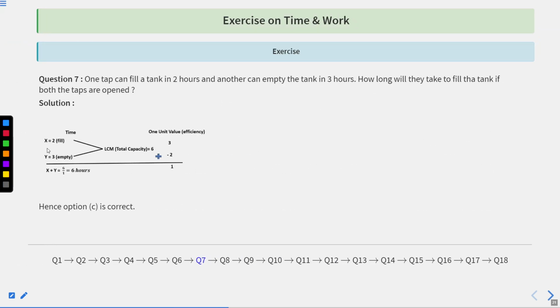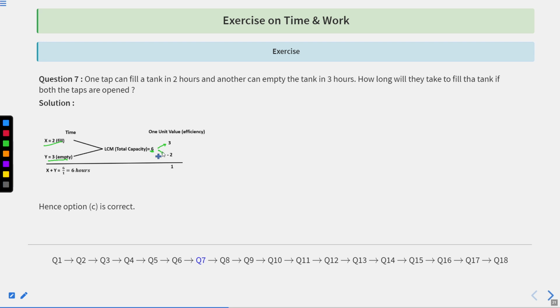So X is equal to 2, that is fill, and Y equal to 3, that is empty. So the total capacity of the tank is LCM of 2 and 3, that is 6. So the 1 unit value of X is 3 and Y is minus 2. Why do we put minus here? Because here the water level is decreasing. Correct? Y is not increasing the water level, so it is decreasing it.